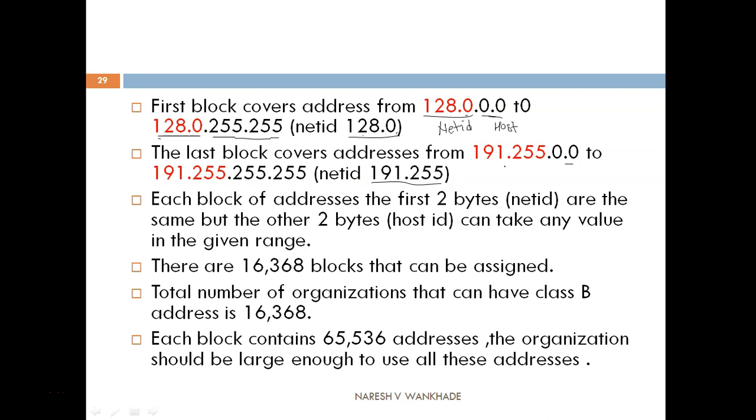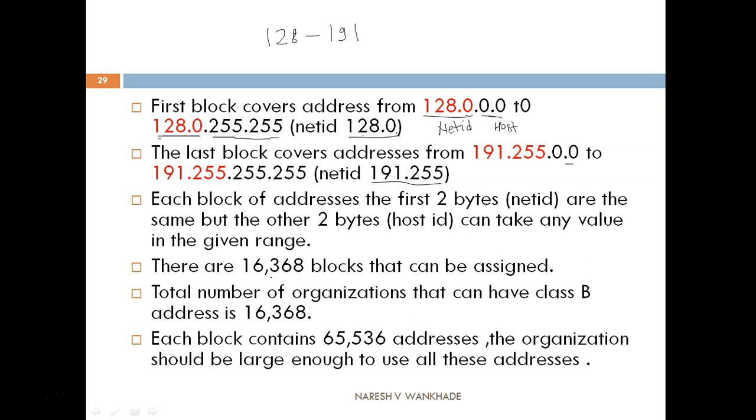Means range of this Class B is from 128 to 191, and in each block of the addresses, the first bytes, that is network ID, are the same, but other bytes, that is host ID, can take any value in the given range.